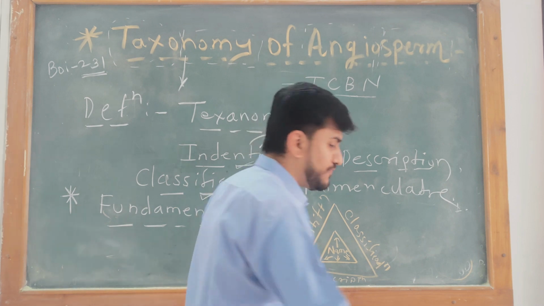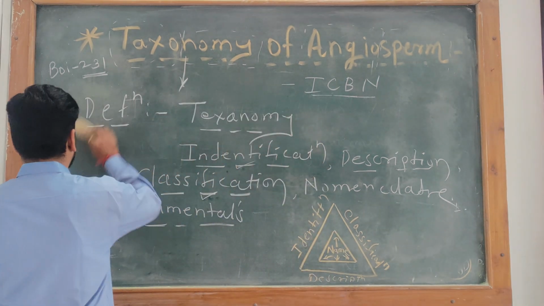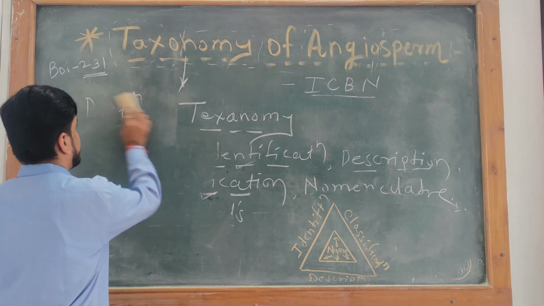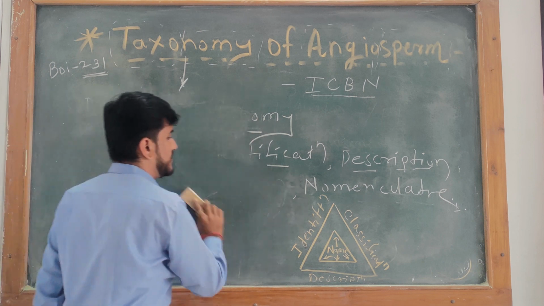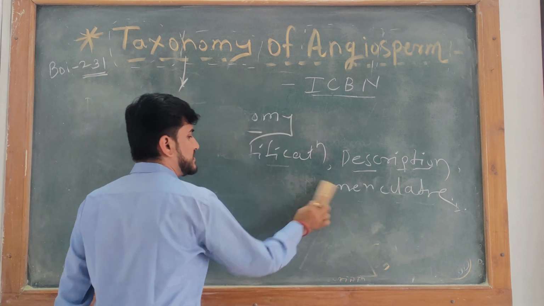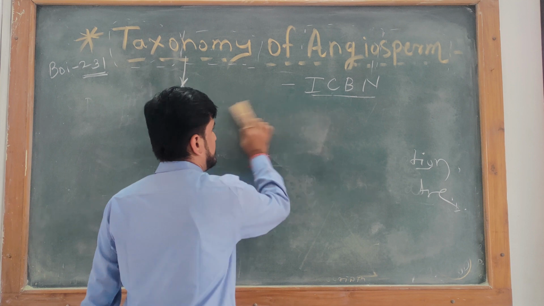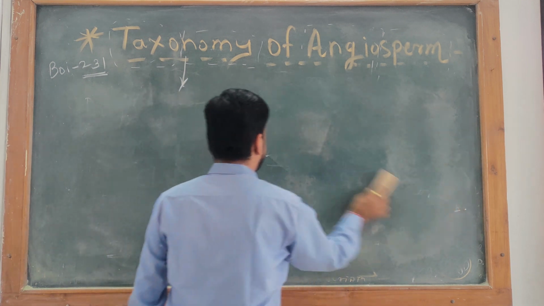Okay. Next point is the scope of taxonomy. Means taxonomy is utilized in different branches. Which branches?